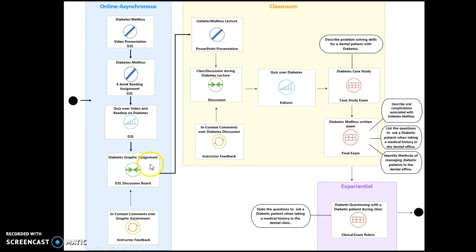Once that is done, they move on into the experiential, where they actually work on a patient, keeping in mind that graphics assignment that I had them do, where they have to ask a patient those 6 questions. Hopefully they remember it with the visual they created in that assignment. They are in the clinical setting with a diabetic patient, and the instructors with a rubric are listening to make sure that they're asking the patient those questions to make sure they're well-controlled diabetics before they seek treatment in our clinic.